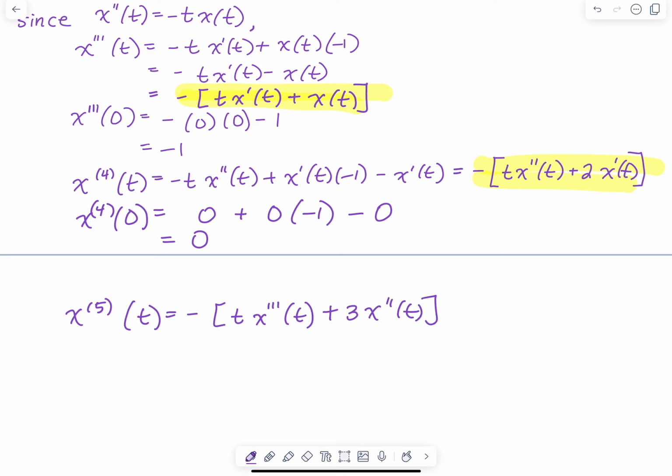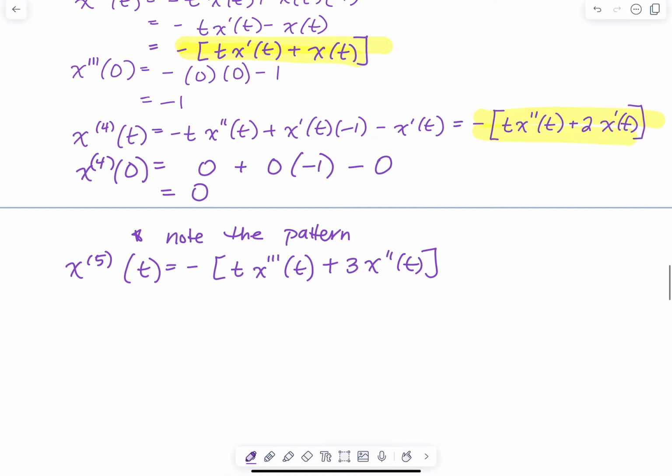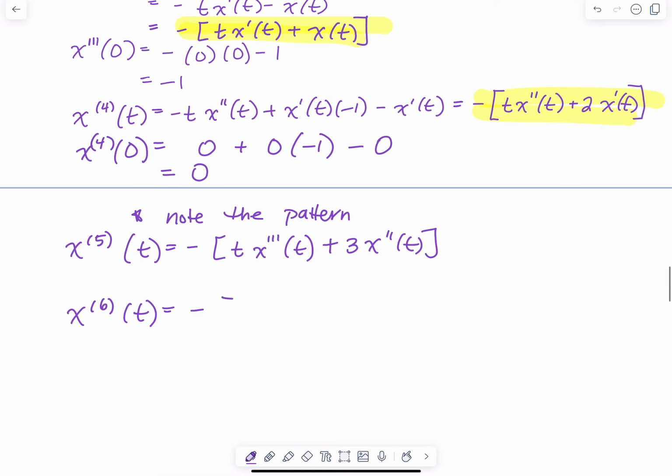So let's note the pattern. Okay, and so let's go on to the sixth derivative. So we would have the opposite, and this time it would be t times the fourth derivative of x plus 4x triple prime of t, and so on and so forth.